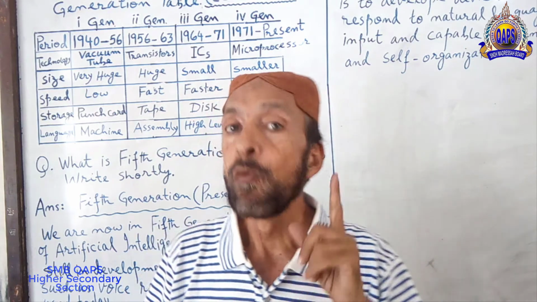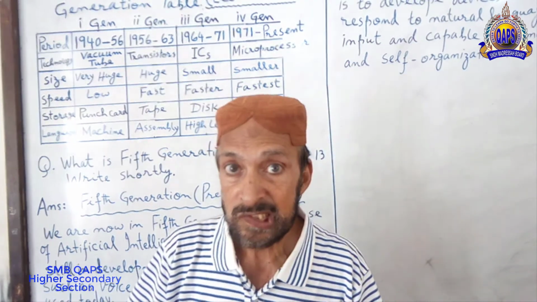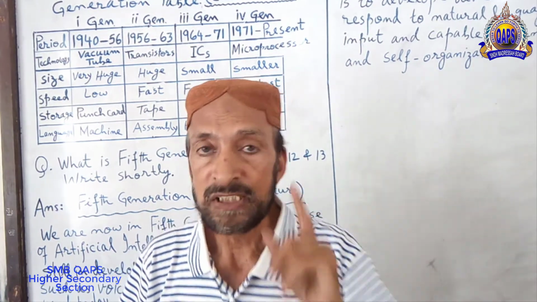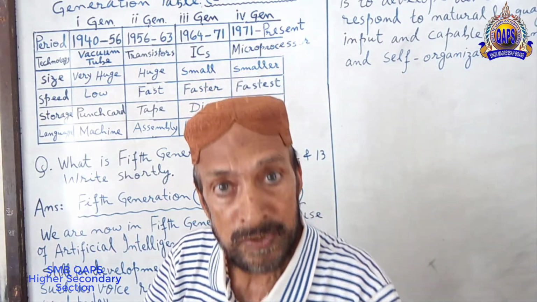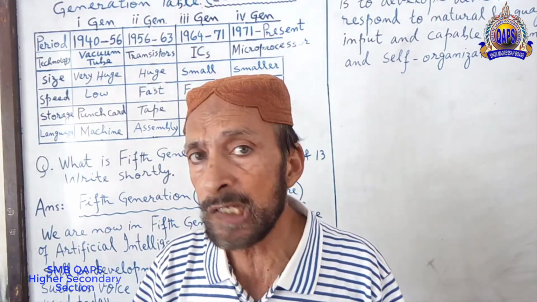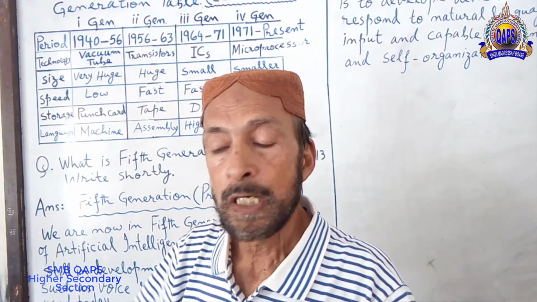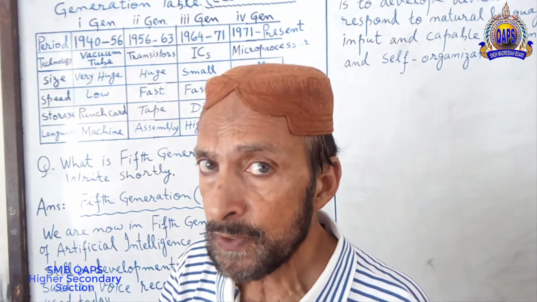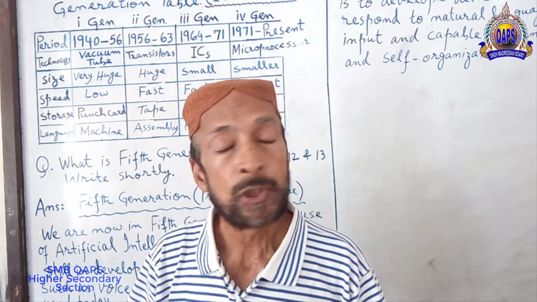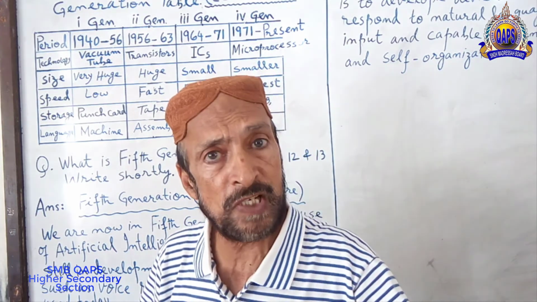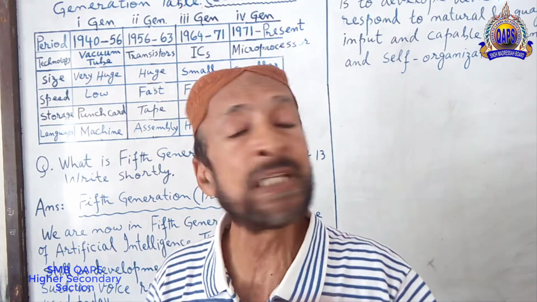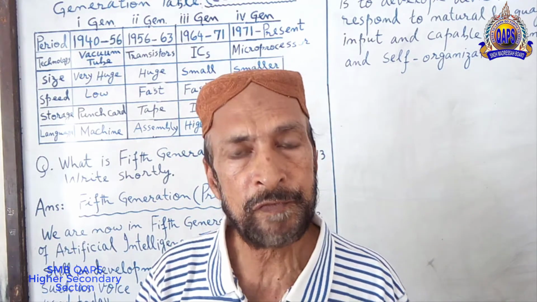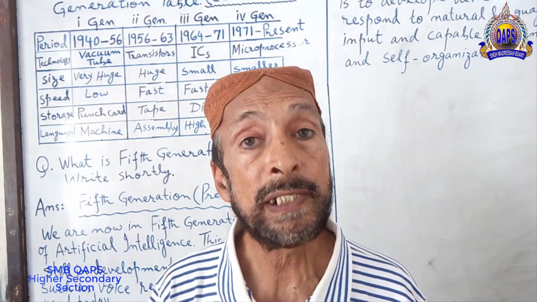That's why the fourth generation is now the fifth generation, because we still have development in computer technology. What is fifth generation? As you know, microprocessors are being used in fourth generation, but in fifth generation we are using artificial intelligence.